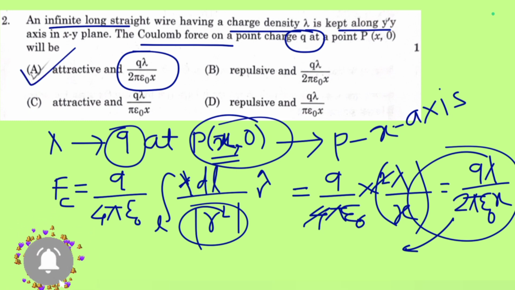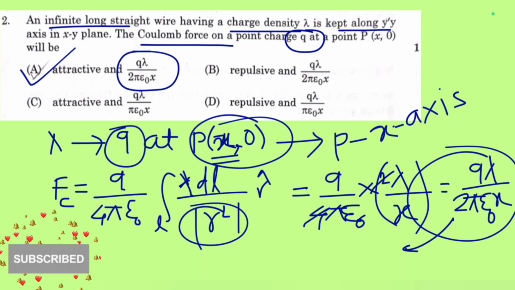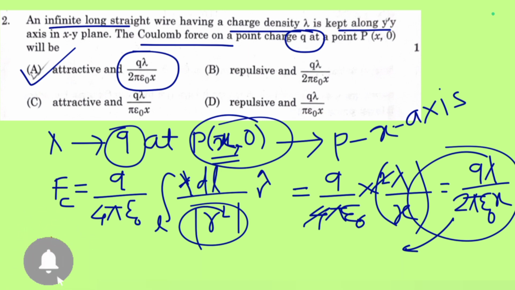Even if you have not understood this solution, I will try to put a separate video on this individual question, or questions like this, so that you will get more clarification on how it comes. I will work on it separately, so it will be easier for you to understand that concept. Now we will move further. Another question is given.